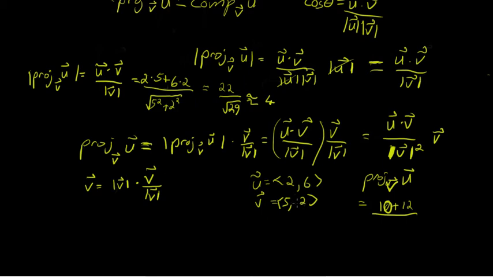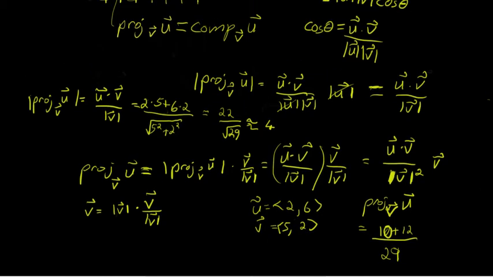Magnitude of v squared is just going to be 5 squared plus 2 squared. It's the square root of 29, but then we square that, so we just have 29. Then we multiply by v. Well, what was vector v?